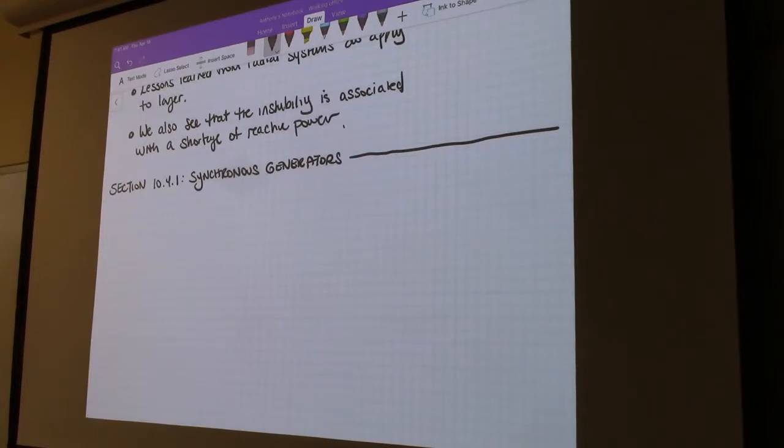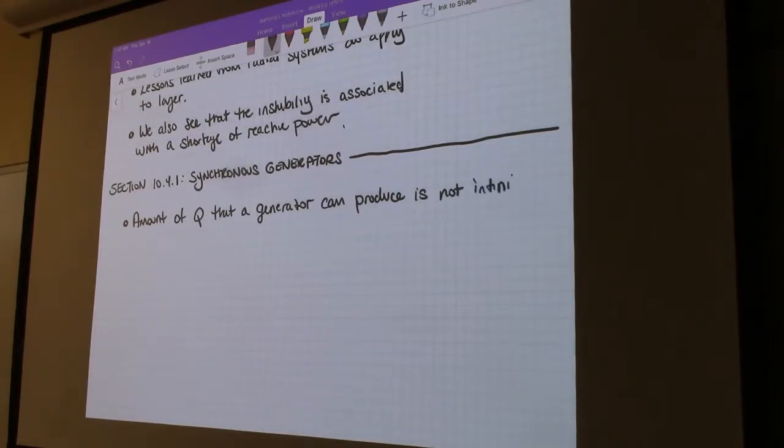Okay, so the amount of Q that a generator can produce is not infinite, right?